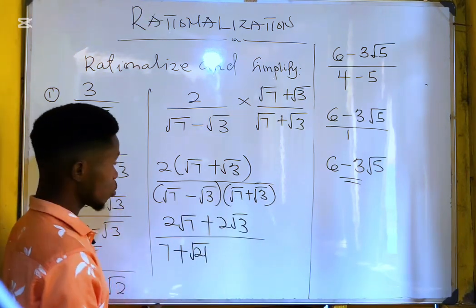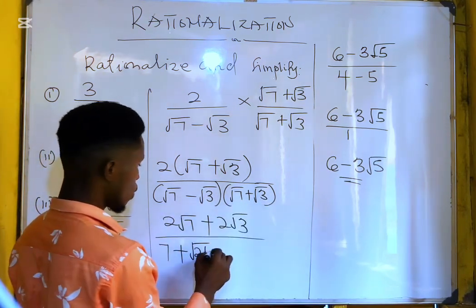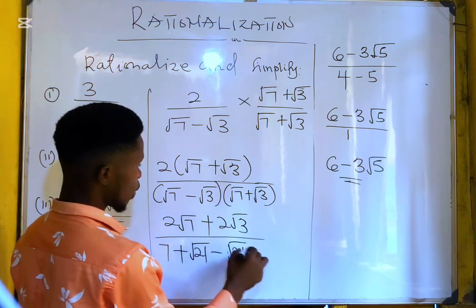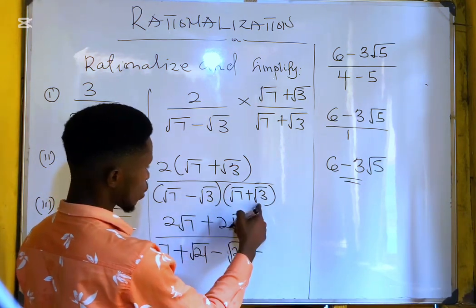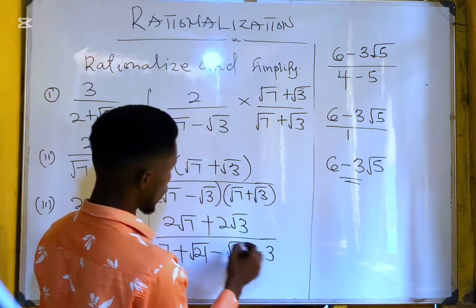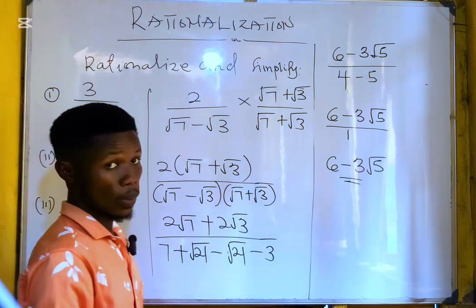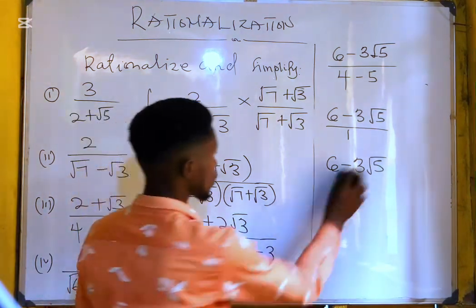So that is how it is going to be. Just multiply the one under the root. Minus root 3 times root 7 will also give you root 21. Minus root 3 times root 3 will give you 3 because they are the same. So you write the one of them, the under one. I have explained it to you how to do that.